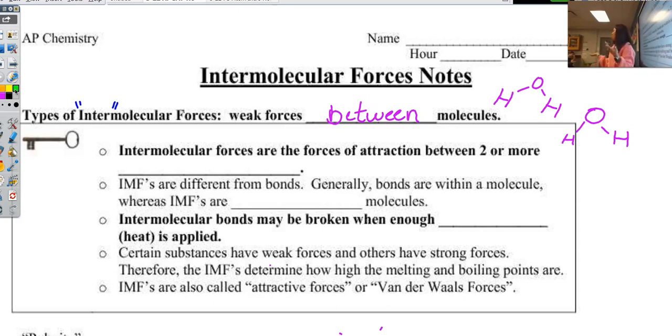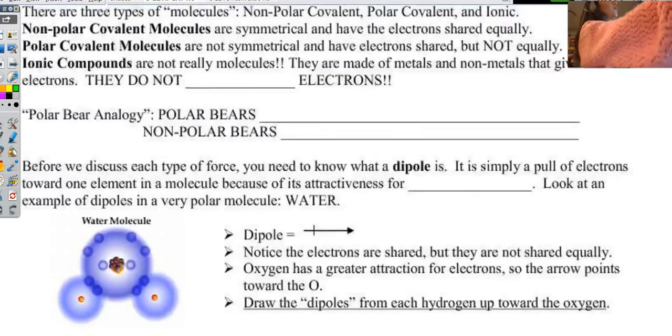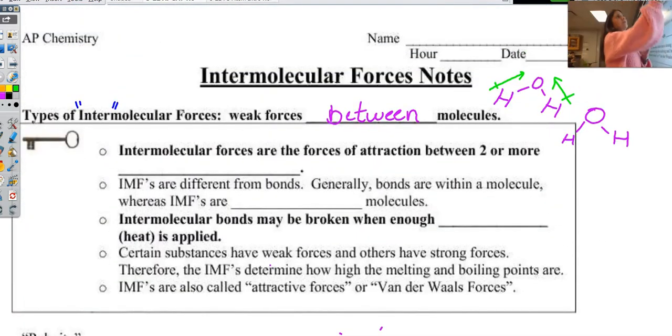Who's closer to fluorine? Oxygen's a lot closer. The dipole moment pulls toward the oxygen, creating a partial negative charge on the oxygen, and the hydrogen has a partial positive.